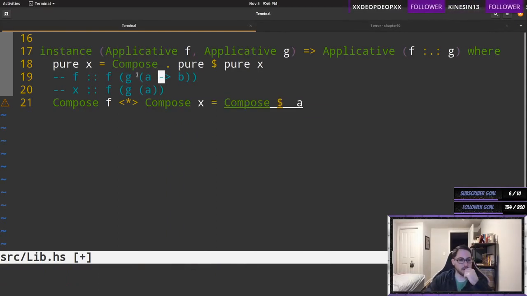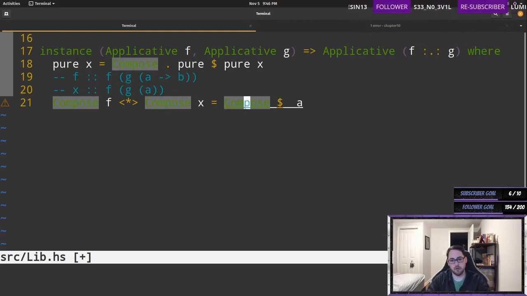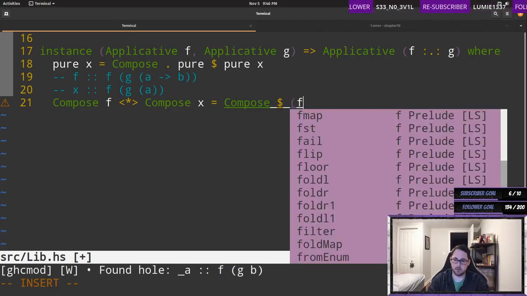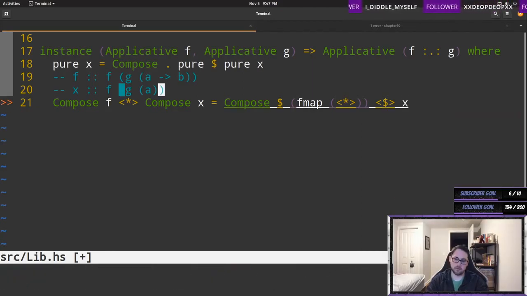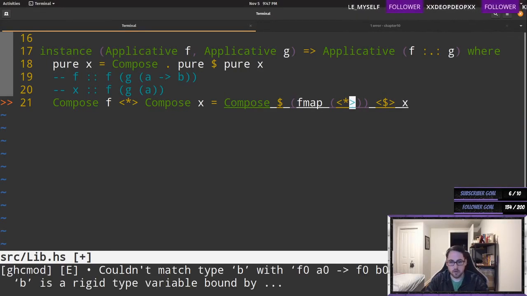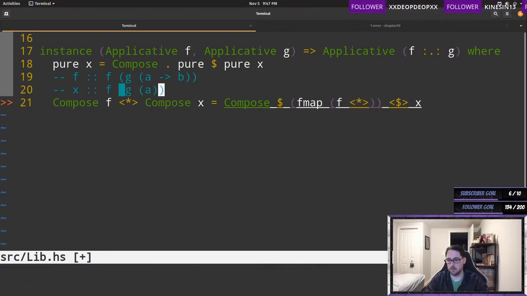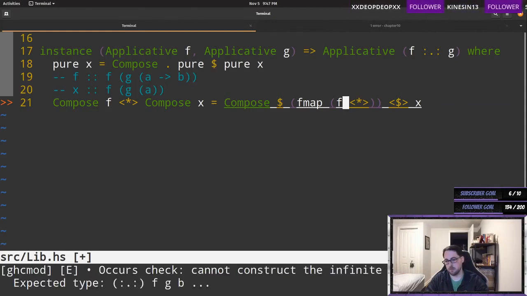So I need to fmap. I need to fmap apply. Oh wait, no.